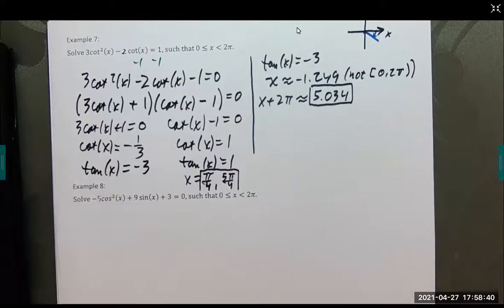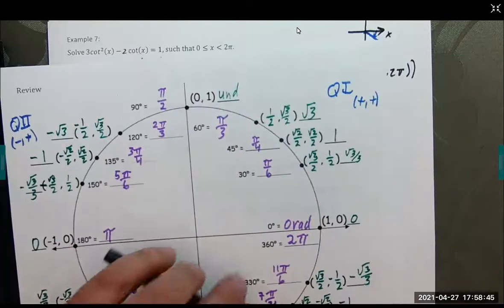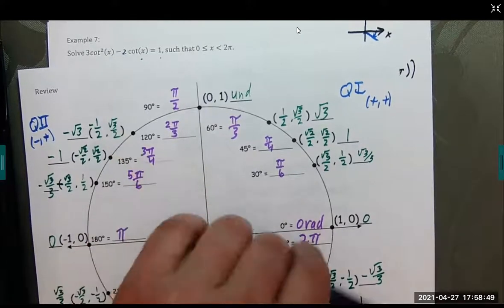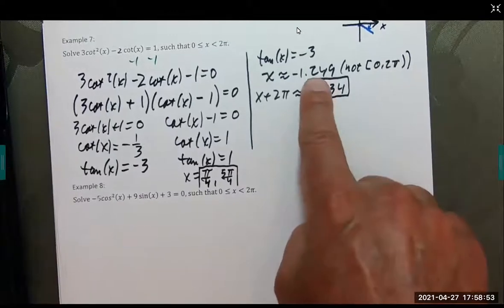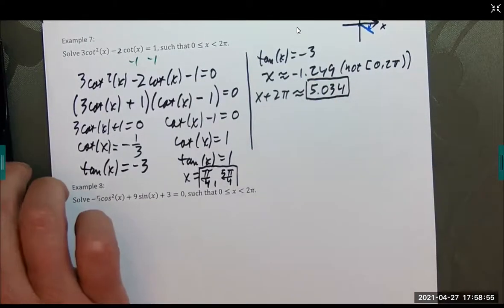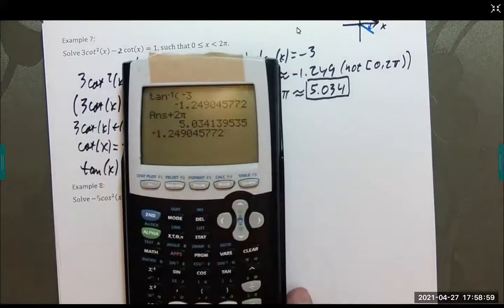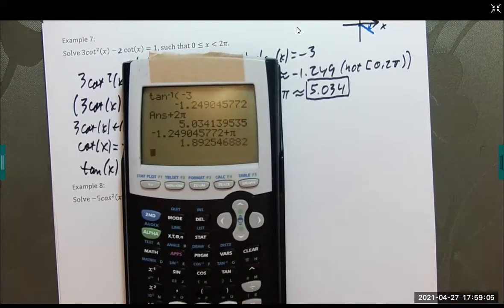So I know that wherever this angle here is, what I want to do is get the same angle over here. So this is just adding pi to that number. I'm going to take that number and add pi to that. And that should give me quadrant 2. And it does.